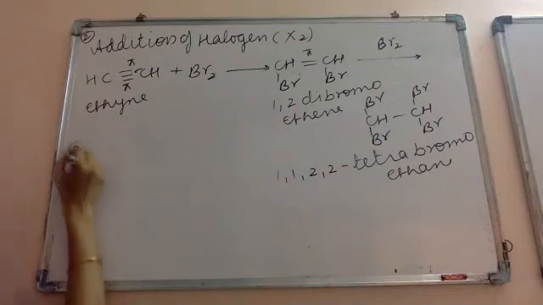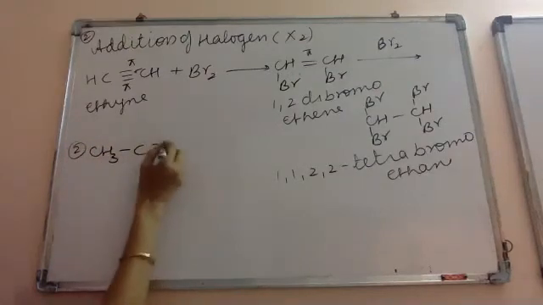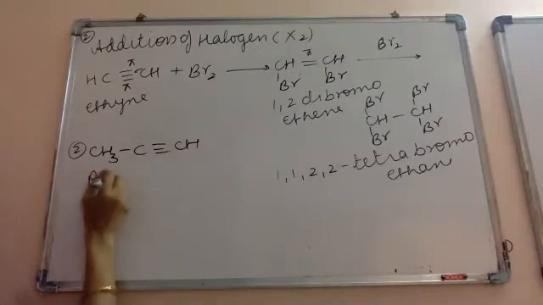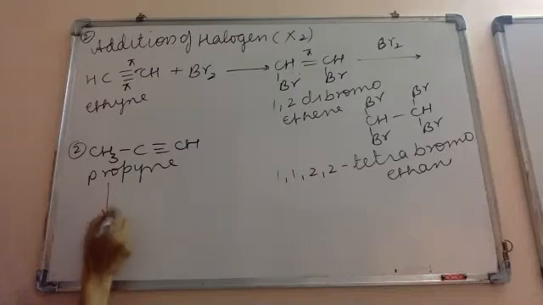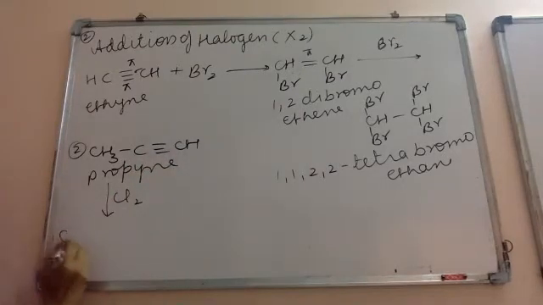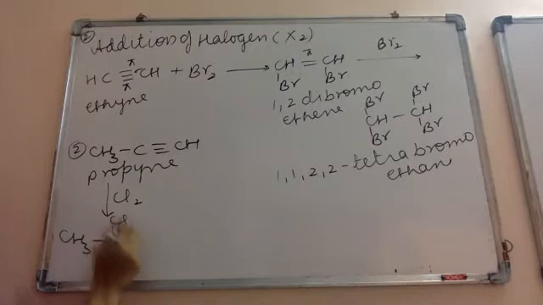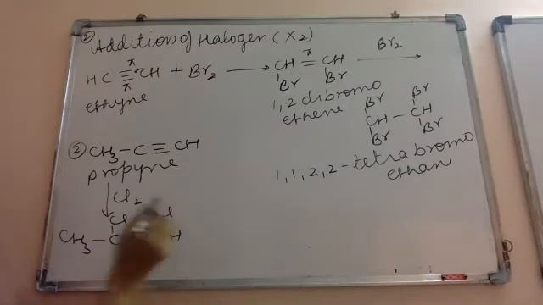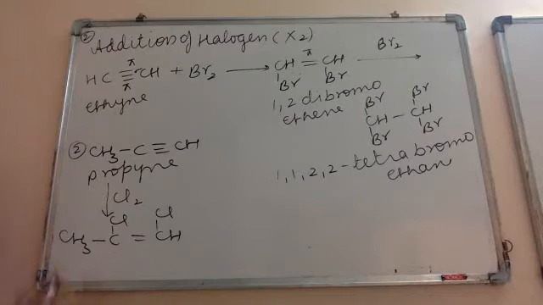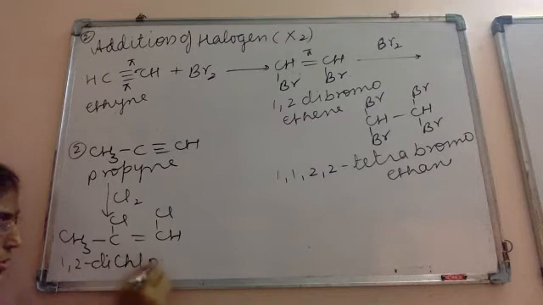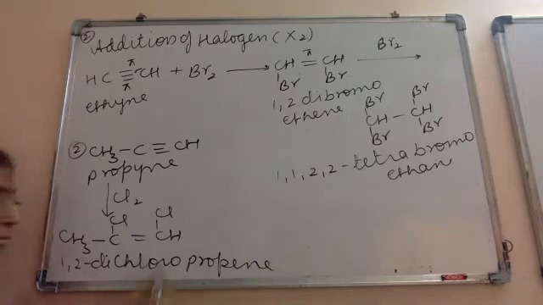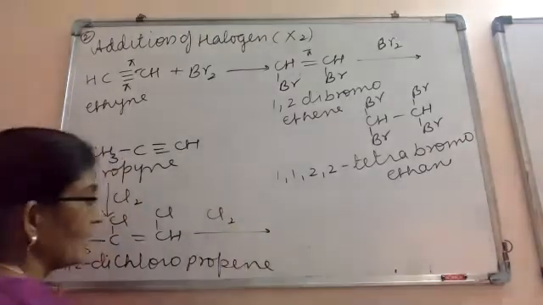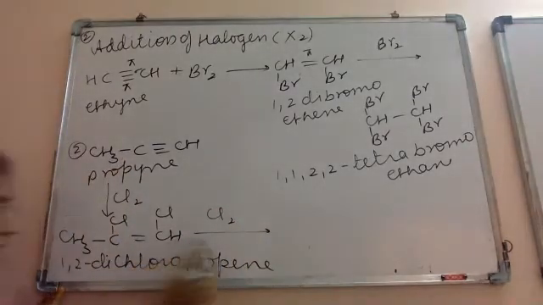Second reaction, propyne. CH3, C triple bond, CH. On this we add chlorine, one Cl each will add on both carbons. Cl double bond CH, 1,2-dichloropropene. One more chlorine molecule added on it, one Cl each will add here, a single bond is formed.